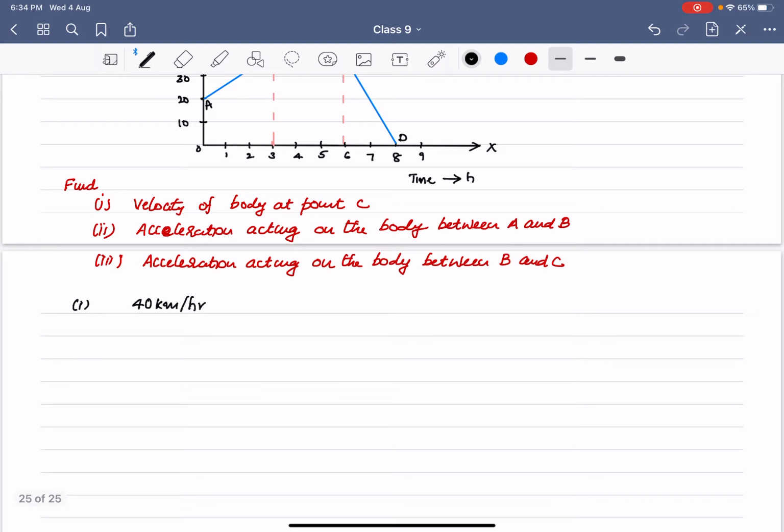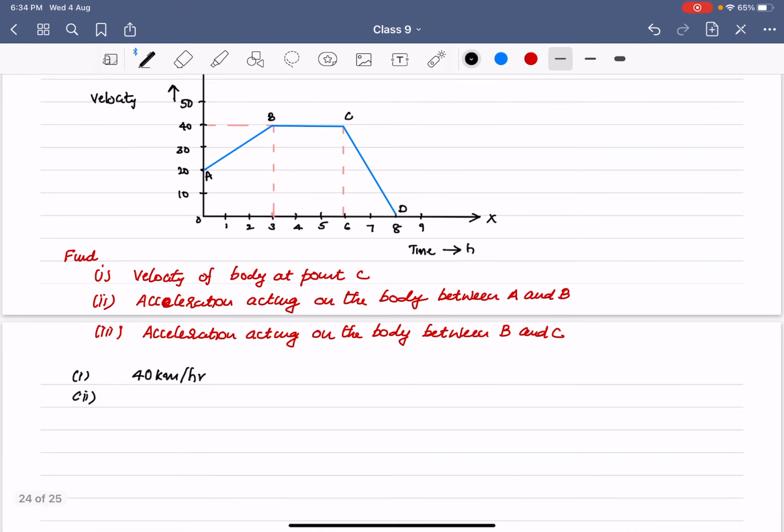Okay. So let's solve the second sub question. The acceleration acting on the body between A and B. So you have this graphical line, and I have to calculate the acceleration when the body is moving from point A to point B. So here the initial point is point A and final point is point B. So what are the velocity and time values associated with point A?